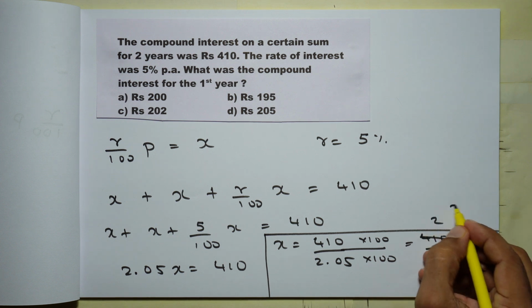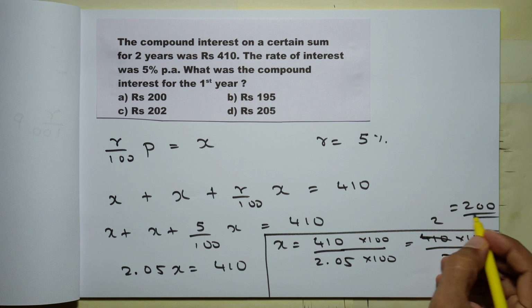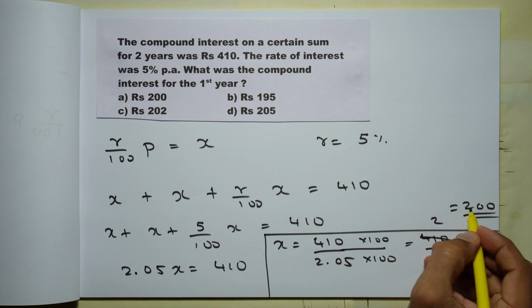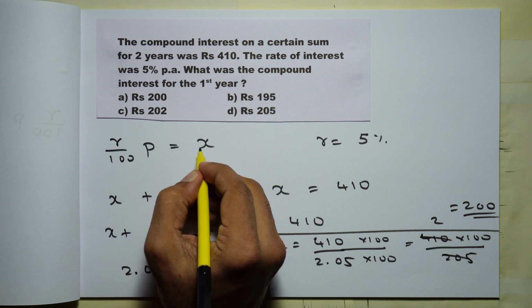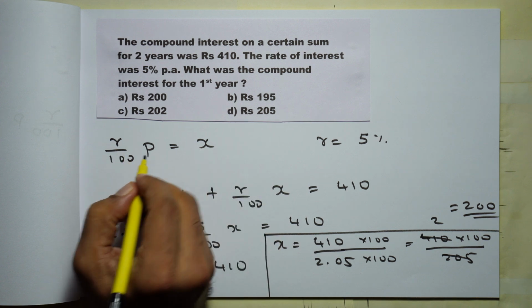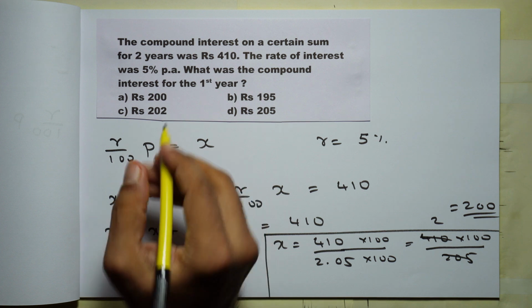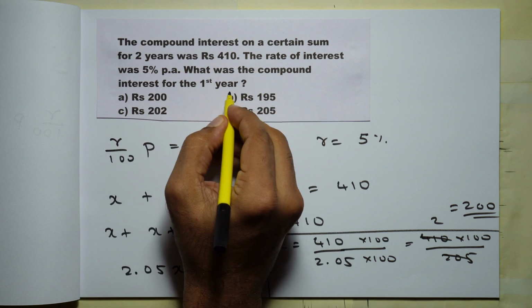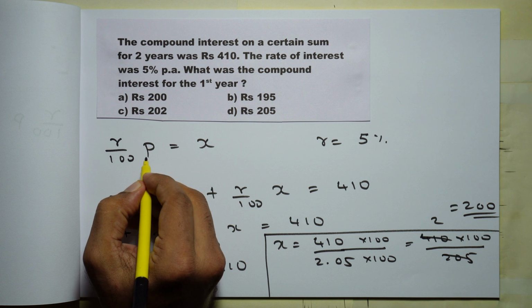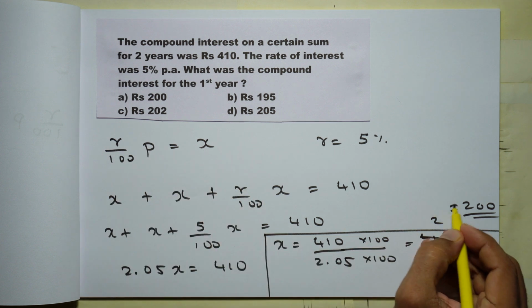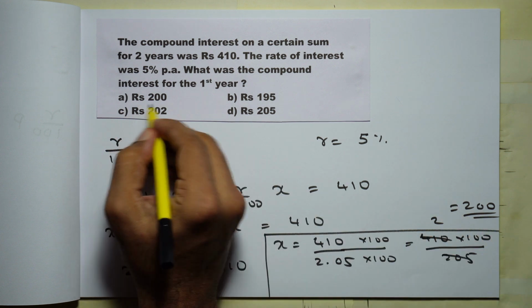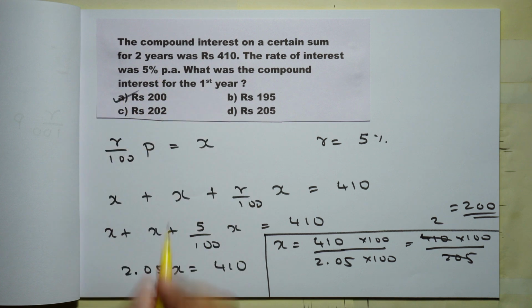So 2 into 100 gives you 200, and that is the value of X. X is rupees 200. Now X is R% of principal, that is first year's compound interest, and that we have assumed to be X. So what was the compound interest for the first year? That is X, and X is equal to rupees 200. Hence option A, rupees 200.